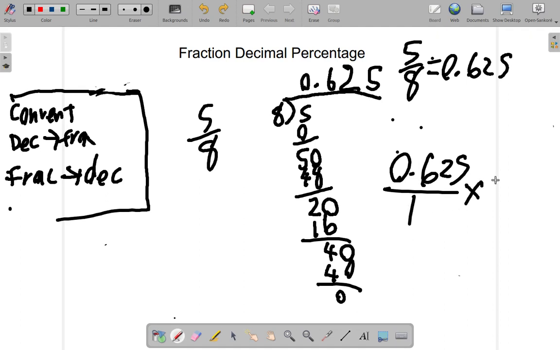Now per means out of. 80 kilometers per hour means you're covering 80 kilometers out of every hour that passes.